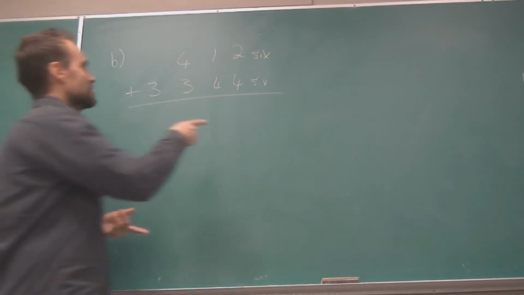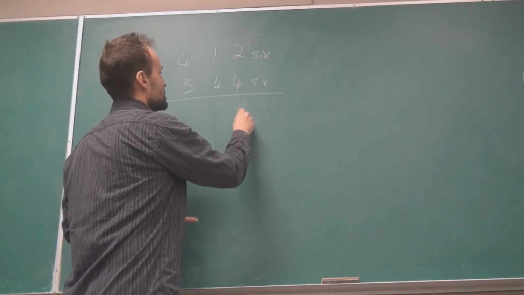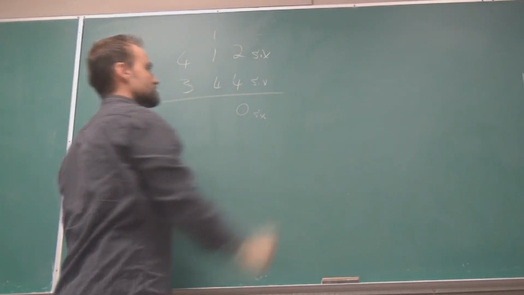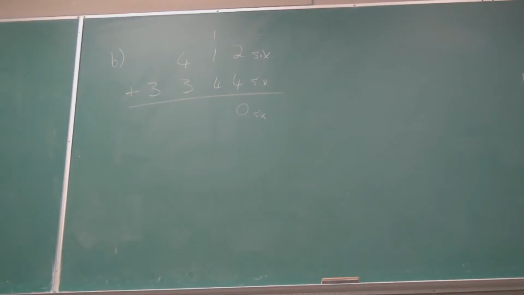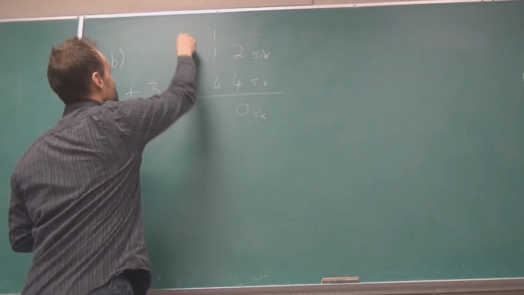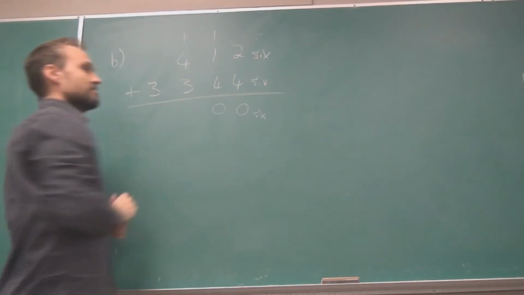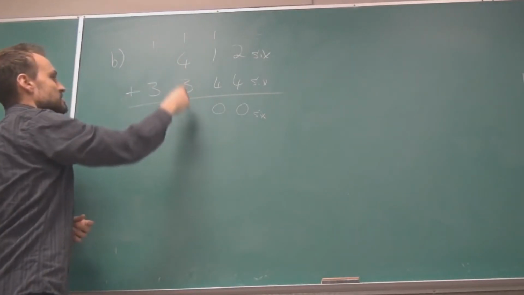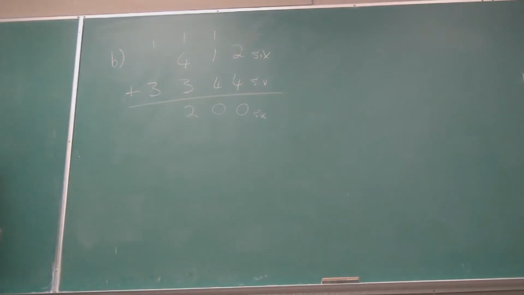We call that 6, but in this case, it's 0 ones and a group of 6 carried over. Then again, 1 plus 1 plus 4 is what we call 6, which is one group of 6 that goes over and I have nothing left. 1 plus 4 is 5, plus another 3 is 8, meaning one group of 6 carries over and 2 are left.